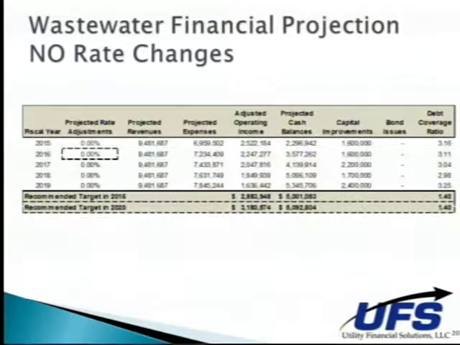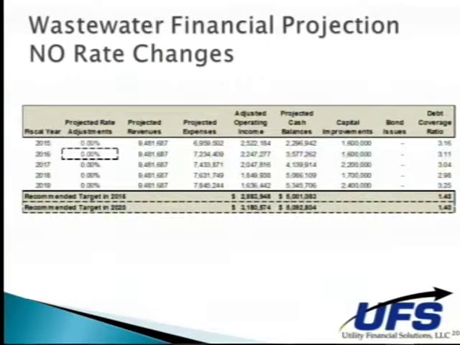Oh, I'm sorry, I looked ahead. Okay, so page 10, table 2. Operating income target is about $3 million in that utility, and you can see we're dropping. This is with no rate changes. Our cash balances are currently under our critical minimum, and our debt coverage ratio is healthy.